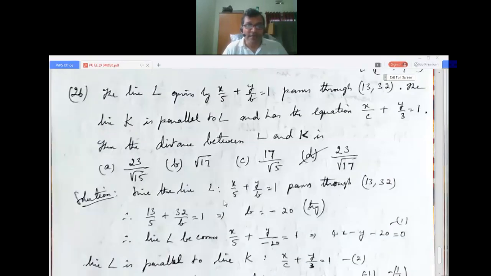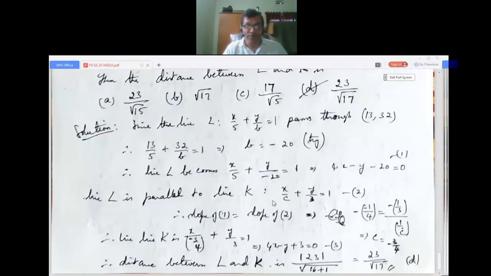Since the line x by 5 plus y by b equals 1 passes through 13, 32, as given in the question, we can write 13 by 5 plus 32 by b equals 1, because x is 13 and y is 32, and it satisfies the equation.